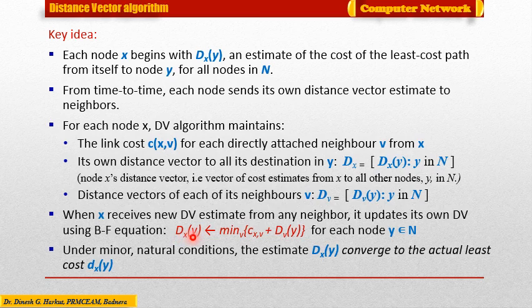That is, Dx(y) is equal to the minimum over v of c(x,v) plus Dv(y) for each node y in N.